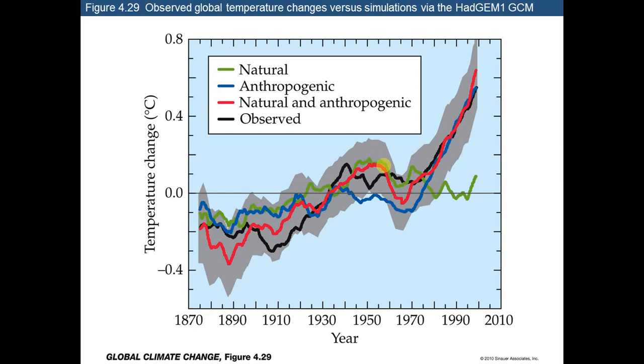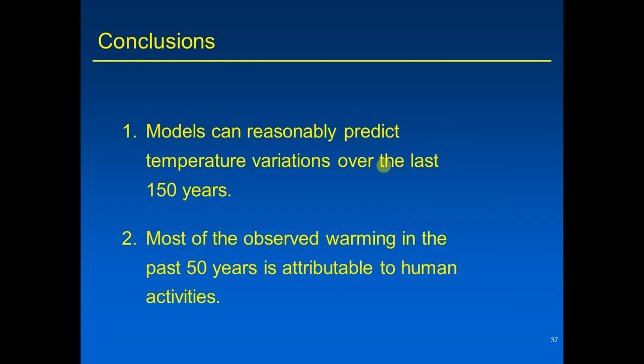So, what can we conclude from these experiments? One, the models can reasonably predict temperature variations over the past 150 years or so, going back to the late 1800s. And two, most of the observed warming in the past 50 years is attributable to human activities.